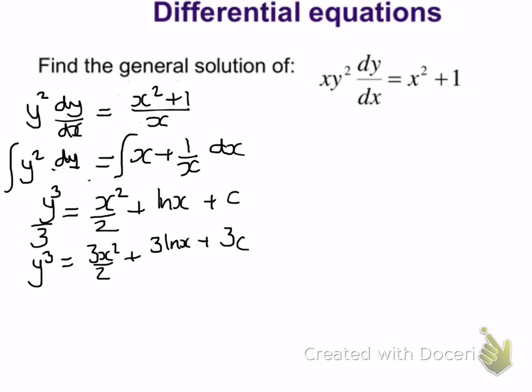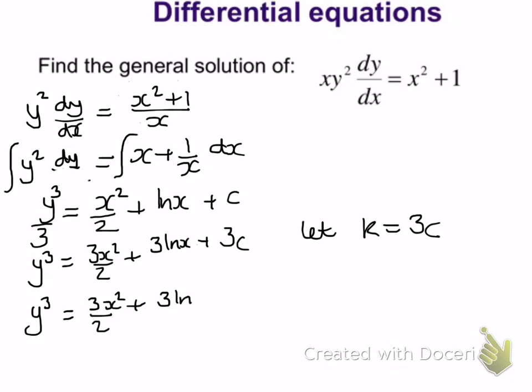But I'm now going to say, just to make it look neater, let k equal 3c. So our final solution will be y cubed is equal to 3x squared over 2 plus 3 ln x plus k.